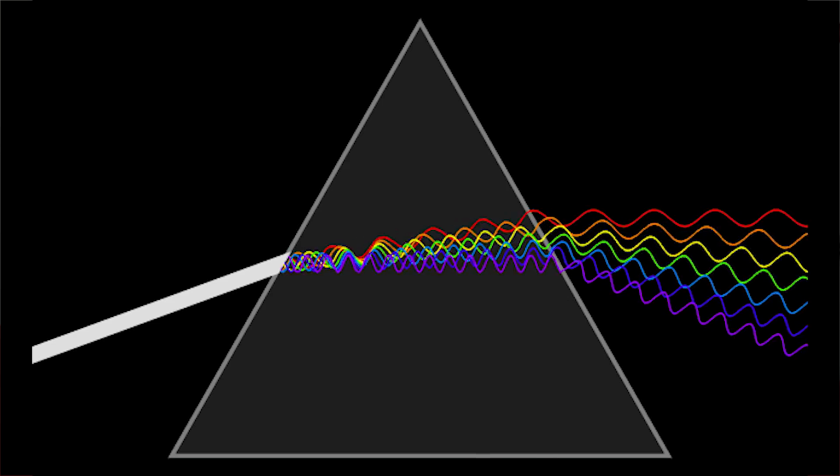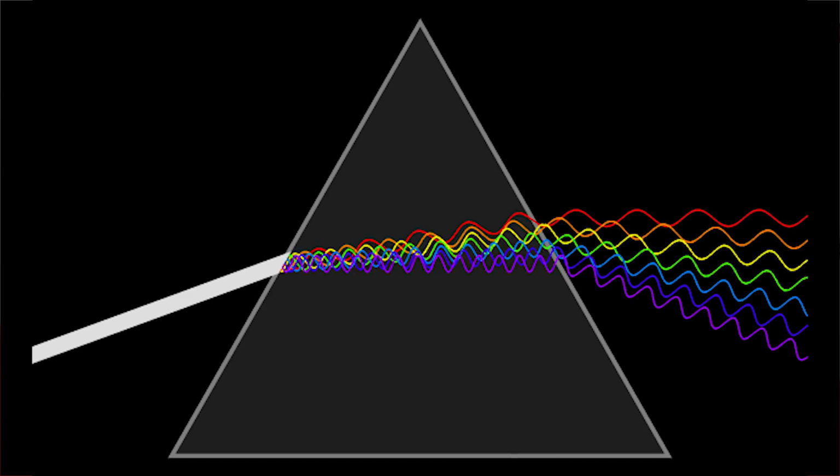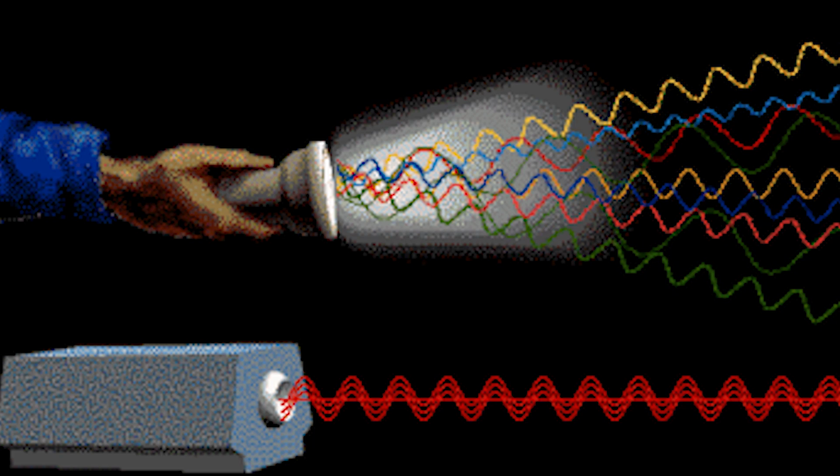You get white light from the sun, you pass it through the prism, and then you can see all the different rainbow colors, because that sunlight has the various light frequencies that make it up. So it's obviously not in any way like laser light.